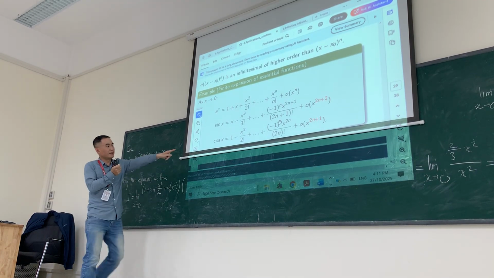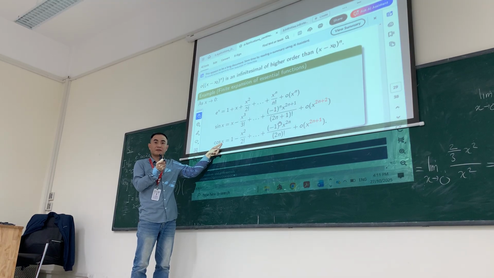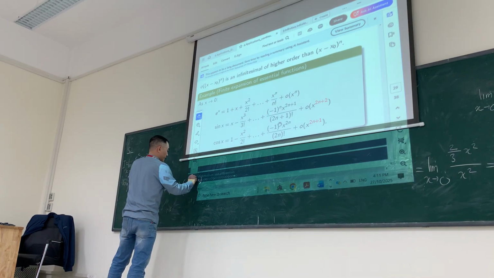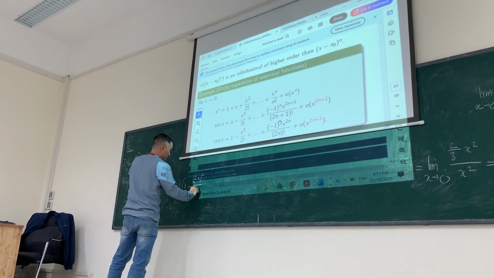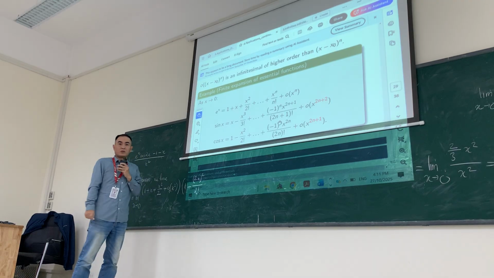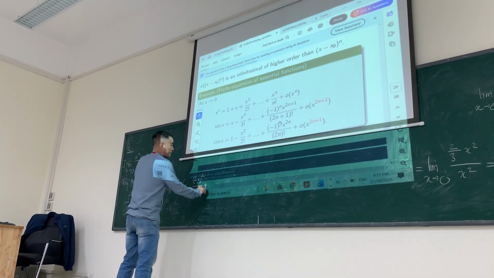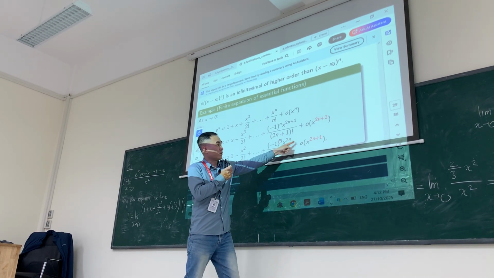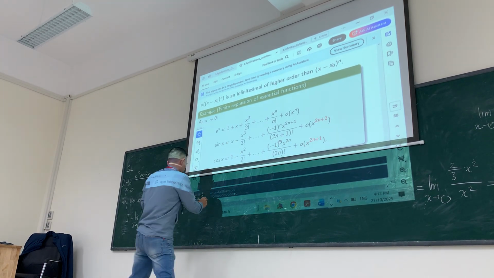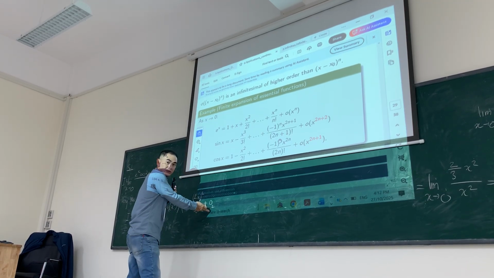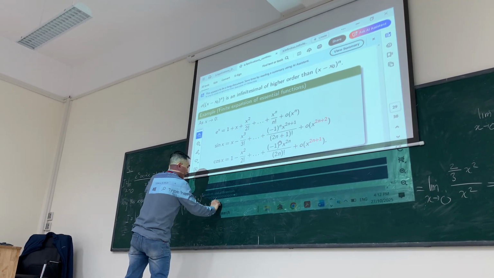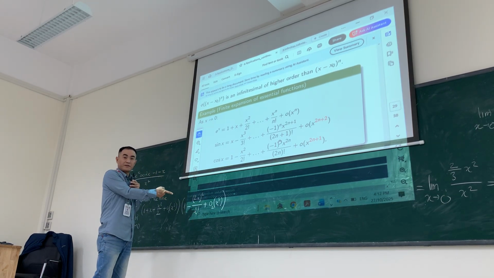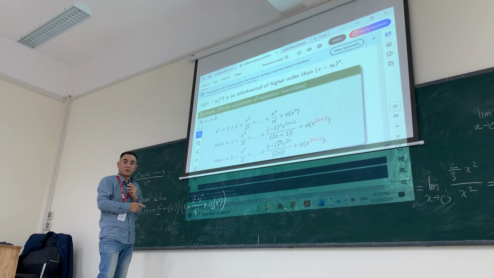Here we can replace x by 2x, so 1 minus (2x) squared over 2 factorial plus the next term, plus an infinitesimal, which we can denote by o2(x), of higher order than cube.